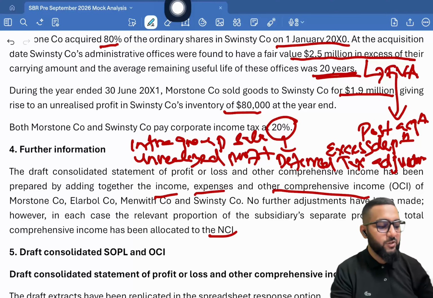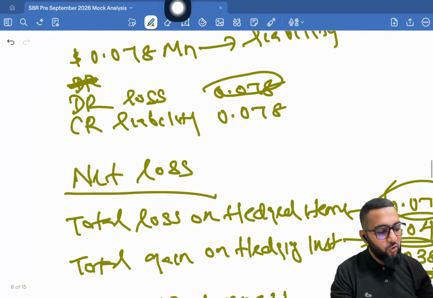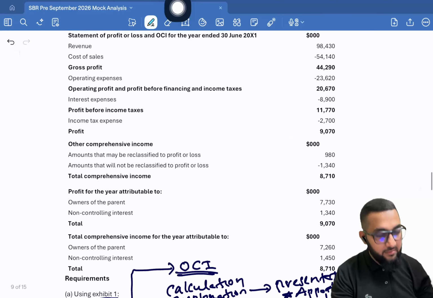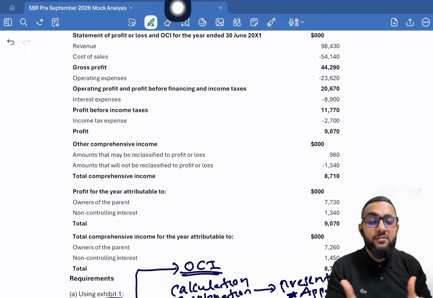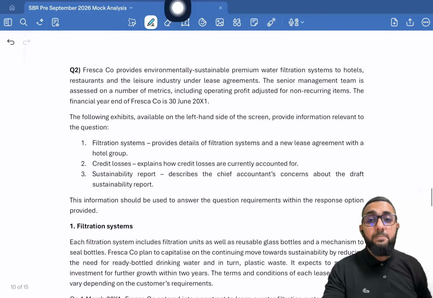So you have to do the allocation accordingly. That's how you complete the pre-populated spreadsheet, the detailed response drafting of which we will be looking at in the live classes. Then comes question 2.